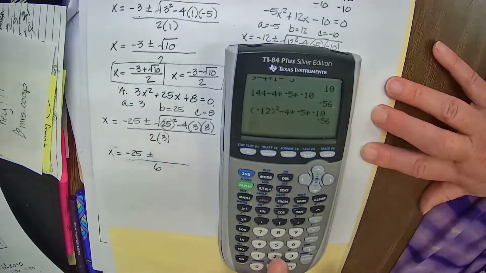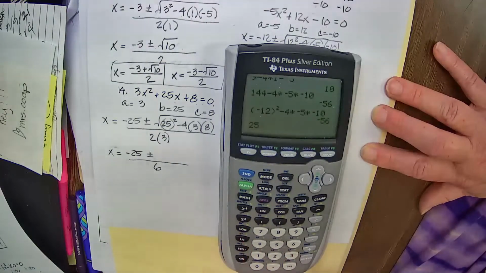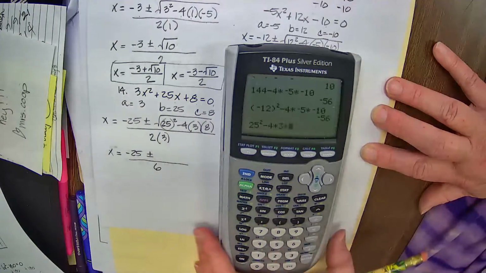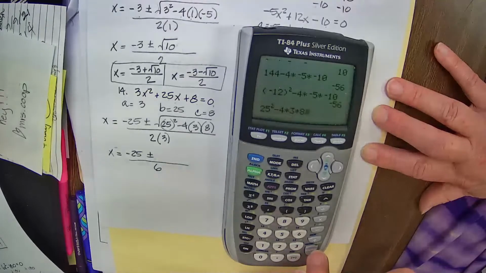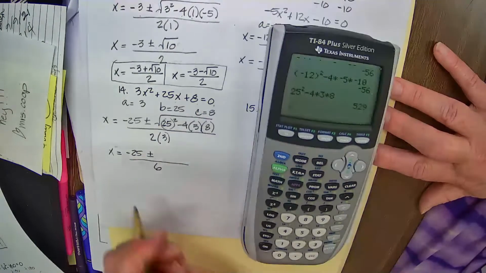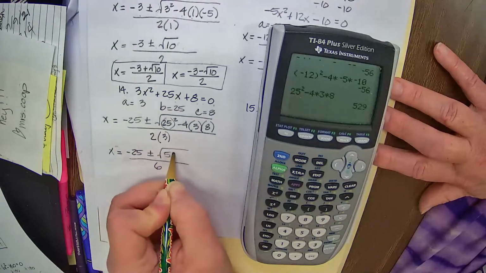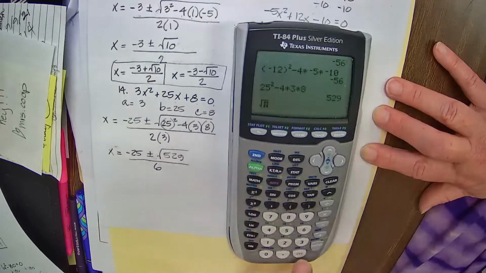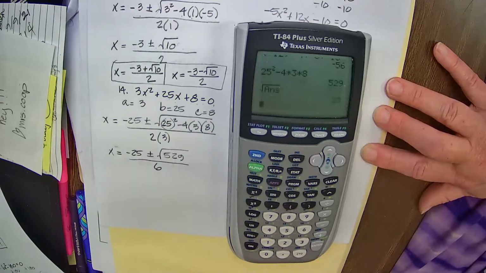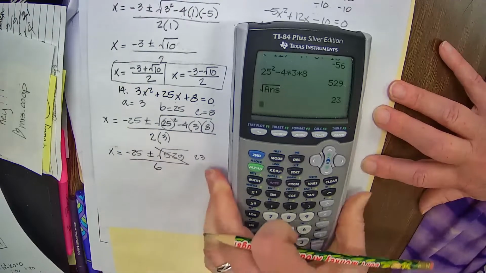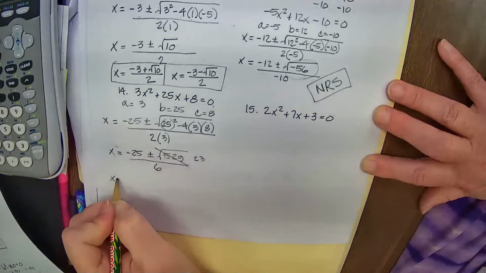Okay, 25 squared, I believe, is 2, no, it's 625, minus 4 times 3 times 8. b squared minus 4ac, so that's 529. I don't know that number real well, so second square root, second answer, it automatically drops the 529 in. Ooh, it's a nice, neat number. So this really goes to 23. Now I can get my two answers.